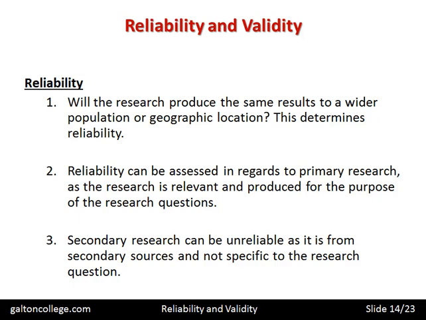But that data was collected for a different purpose, and therefore perhaps will detract from the reliability of the research, not add to it. So secondary sources are more unreliable than primary resources. Primary resources can be controlled.